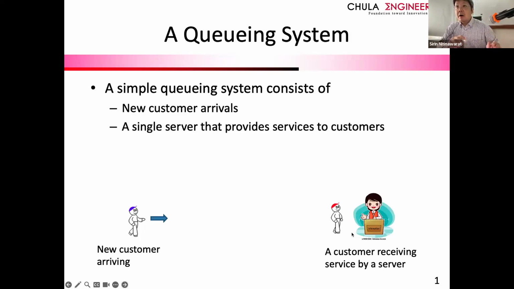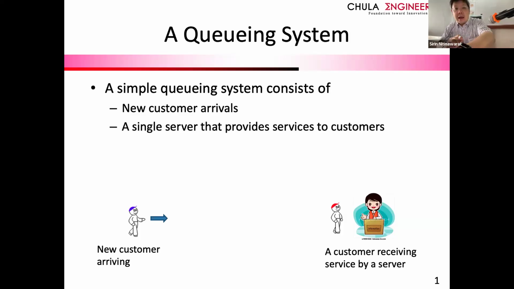Depending on how large the system is, if it's a very small system, there's only one service worker. In the case of Amazon Cafe in the faculty, there's only one counter to receive your order.